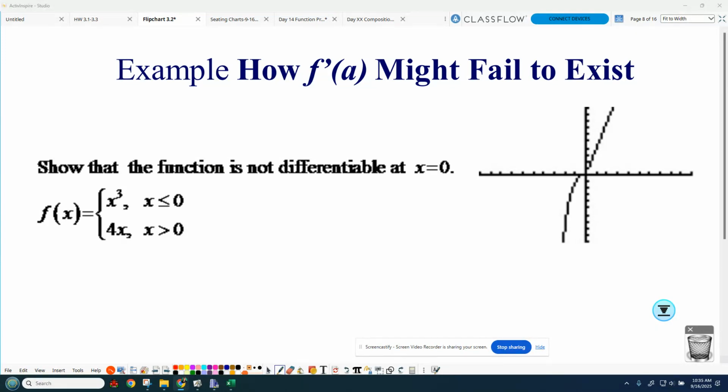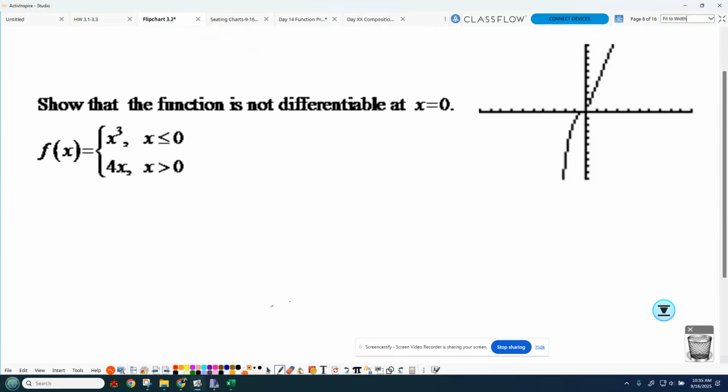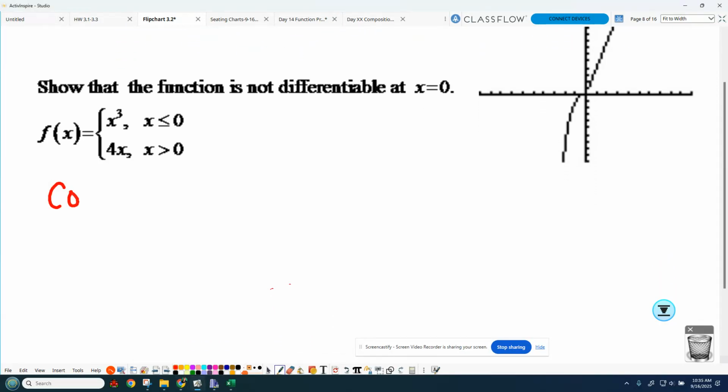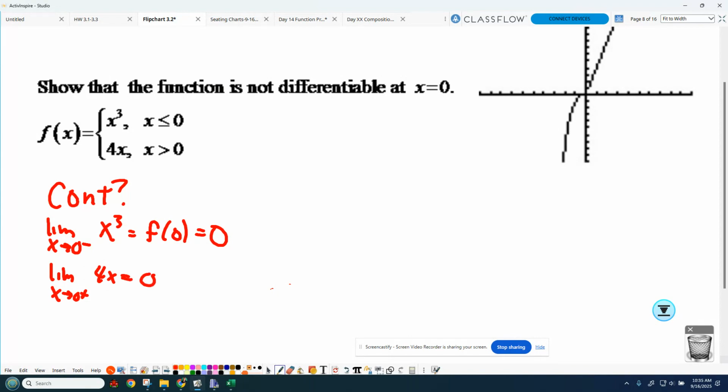So what would you show as work? First of all, I'm going to check continuity.